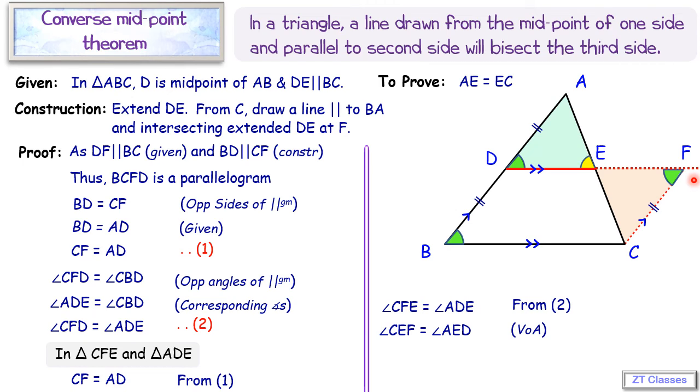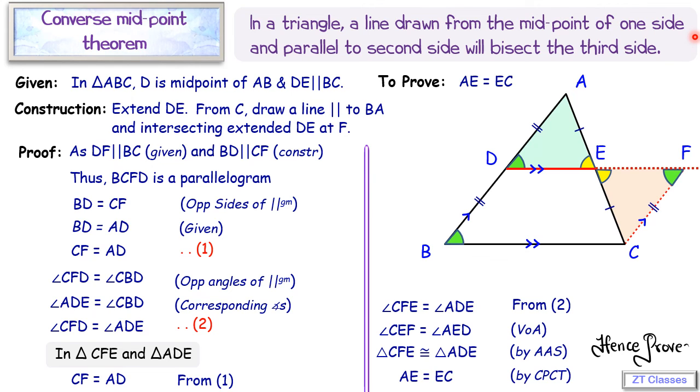So we can say that by AAS congruency, these two triangles are congruent. So if these two triangles are congruent, right, then by CPCT we can say AE is equal to EC. And this is what we had to prove, that E is the midpoint of AC, and hence proved.